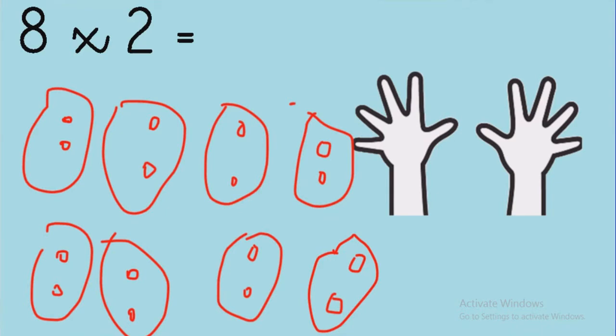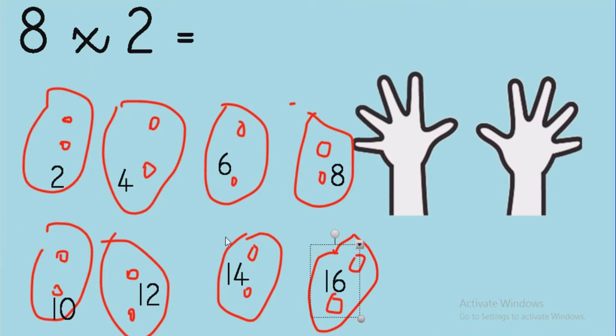Now we need to count in 2s to find our total. Here we go. 2, 4, 6, 8, 10, 12, 14, 16. Gosh, that took a long time. 8 lots of 2 equals 16.